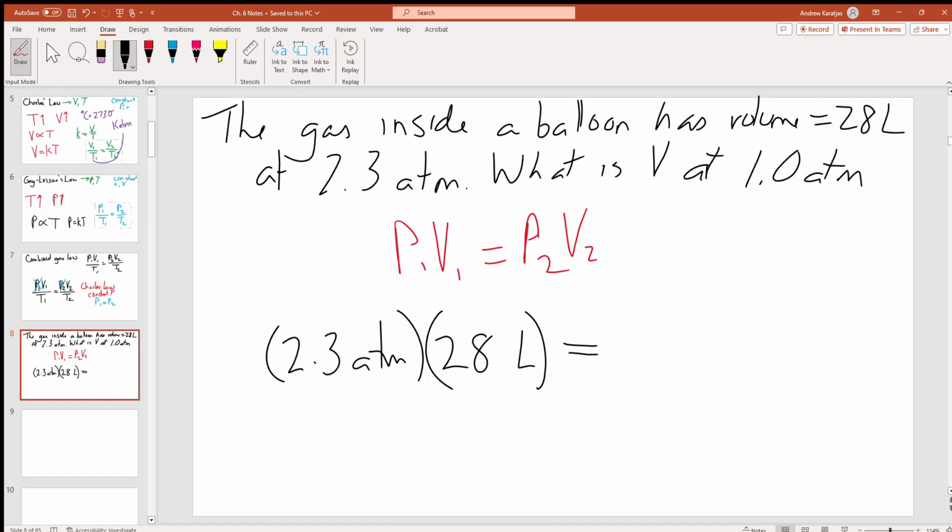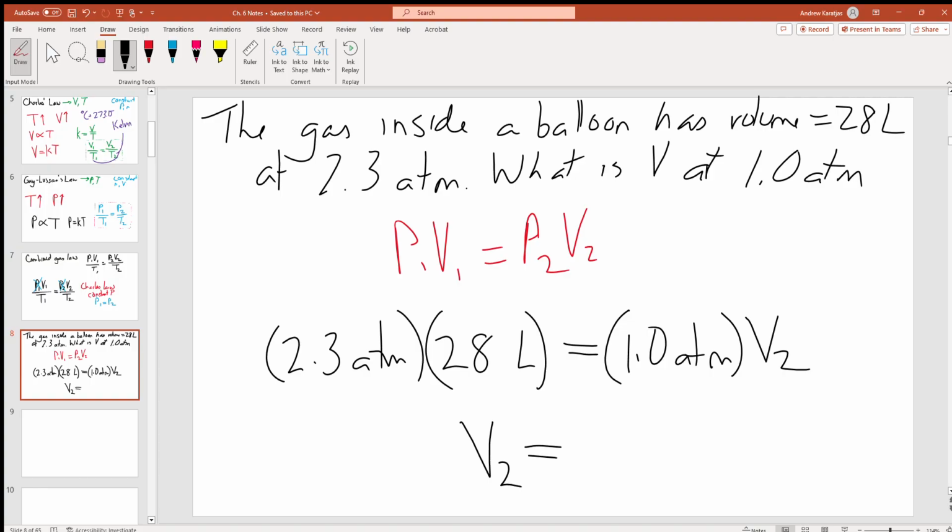And that's equal to some new pressure, 1 atmosphere, times V2. And V2 is what we're trying to figure out. So we just need to do our math here, solve for V2.